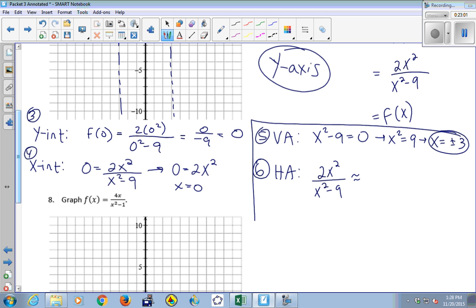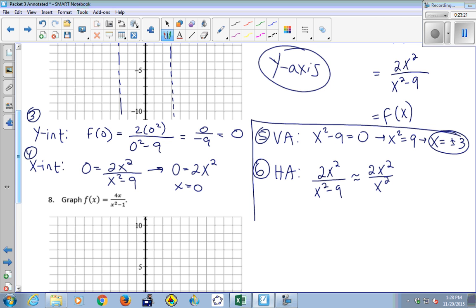Well, when we're talking a googol squared, that number is so big that taking 9 away from it is like taking 9 grains of sand off the beach. You can't even tell the difference. So this is approximately equal to 2x squared over x squared, as long as x is really, really big.